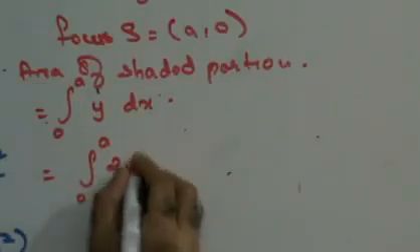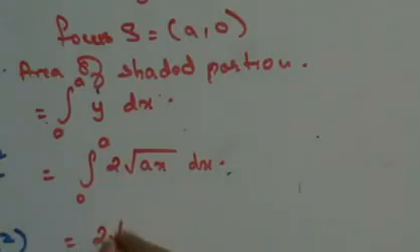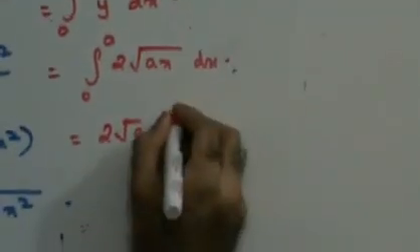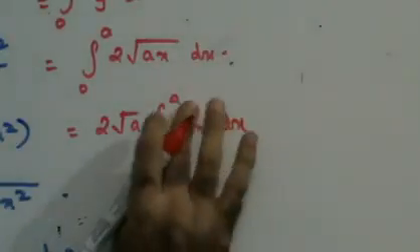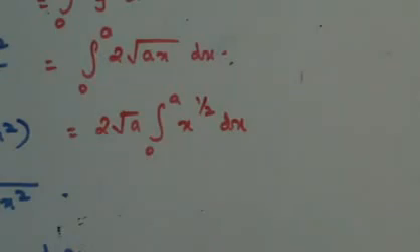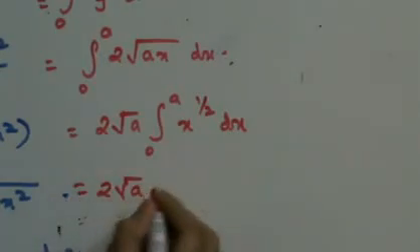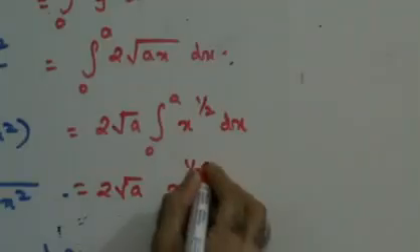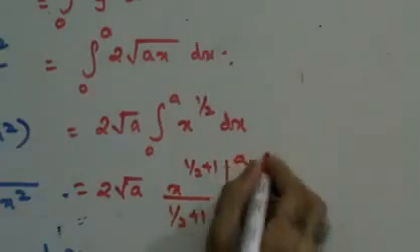Y we know is nothing but 2 root of ax, so this is 2 root a, integral of 0 to a, root x dx. Root x can be written as x raised to 1 by 2. So this is 2 root a, x raised to 1 by 2 plus 1 upon 1 by 2 plus 1, when the limits are between 0 to a.